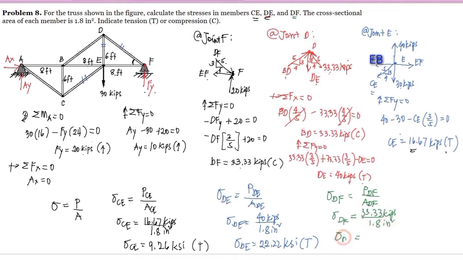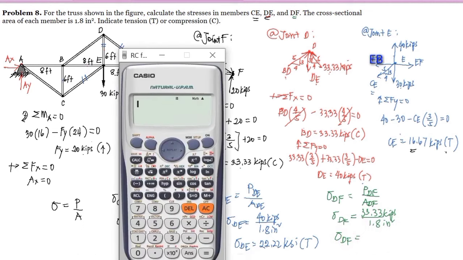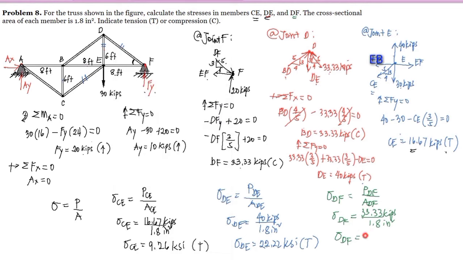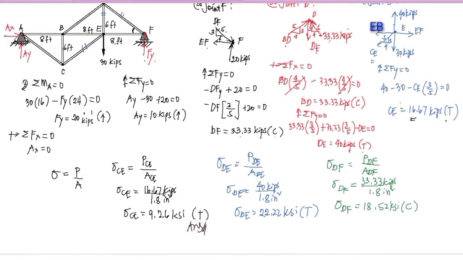So we have stress in DF is equal to 33.33 divided by 1.8, that is equal to 18.52 KSI. So we have here 18.52 KSI, and since this is in compression, so we have here compression. Ito yung ating answers.